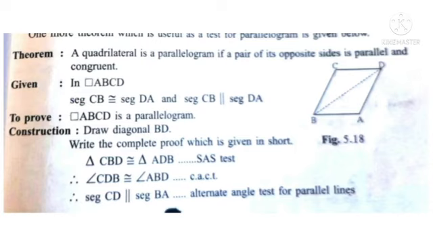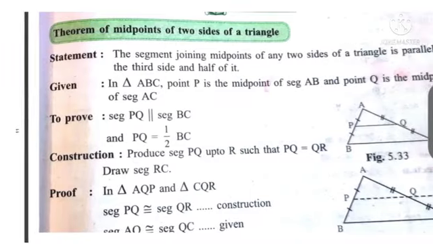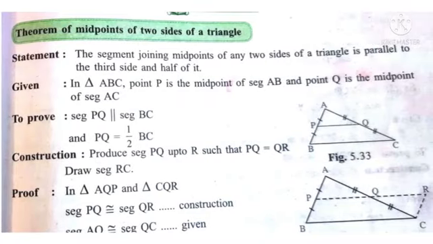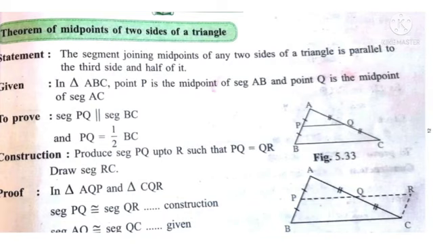Now we will see some properties of triangle. See the theorem of midpoint of two sides of a triangle. What says the midpoint theorem of two sides of a triangle?